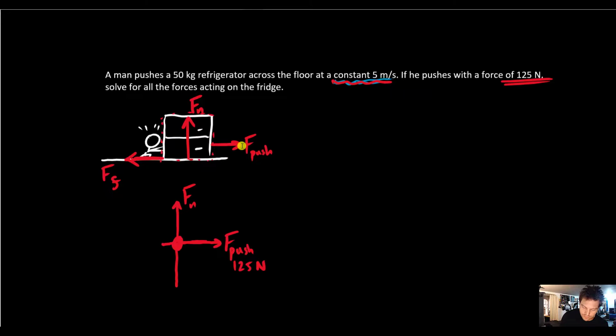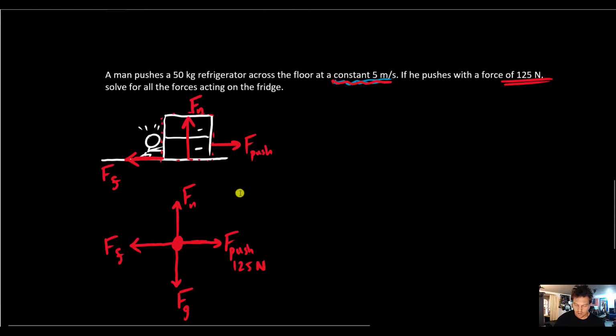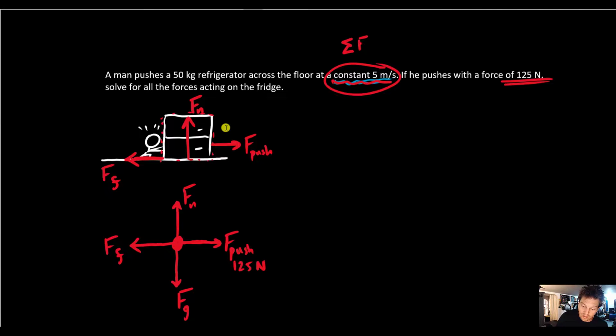We know there's a friction force. And my long-range force is the force of gravity from the Earth pulling down on the fridge. And again, when we talked about that it's a constant velocity, that tells me that the overall net force in that direction is equal to 0.